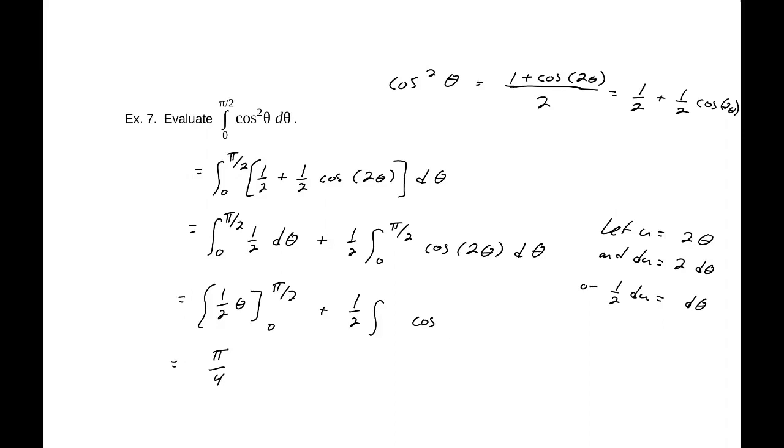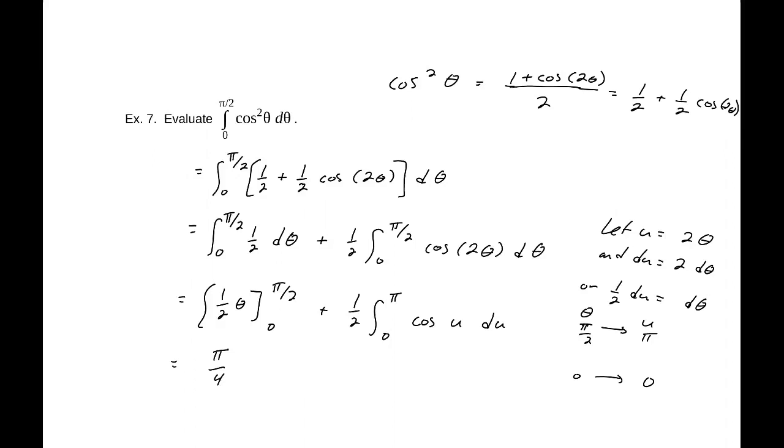Cosine u du. Now my limits are going to go from 0, and these are thetas, to my u values, from 0 to pi over 2. Okay, evaluating that into 2 theta, that is going to be pi and 0. So the integral from 0 to pi of cosine u.